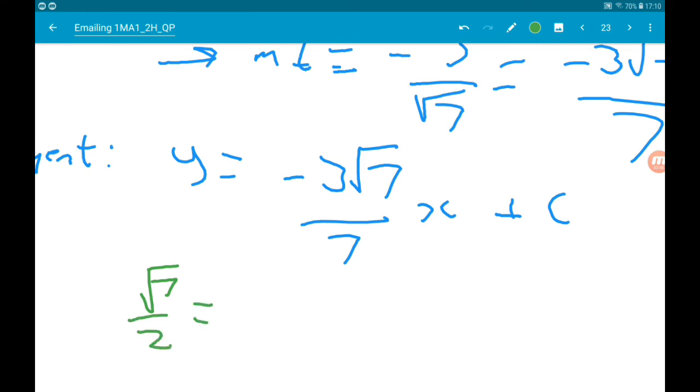Now that is equal to minus 3 root 7 over 7 times 3 over 2. So that's going to give us minus 9 root 7 over 14, add c.